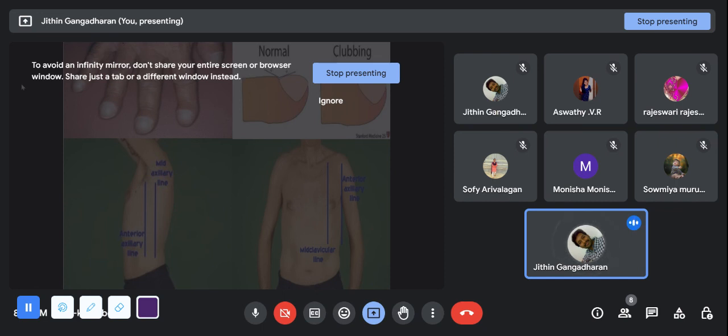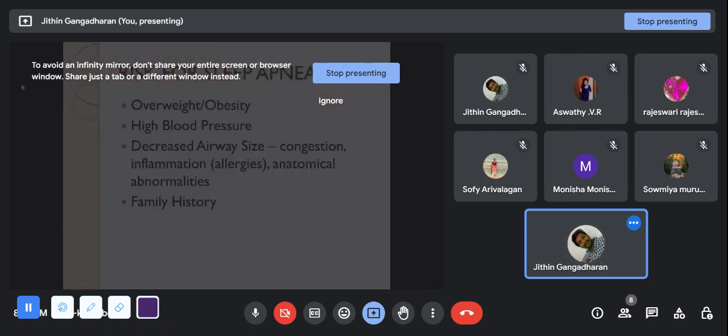Clubbing of fingers. Okay, the clubbing of fingers will be the main thing, and there will be mediastinal shift. Your sternum may be shifted to one side, left or right side, if there is a right ventricular hypertrophy. Okay, and next is the risk for sleep apnea. What are the risks for sleep apnea?